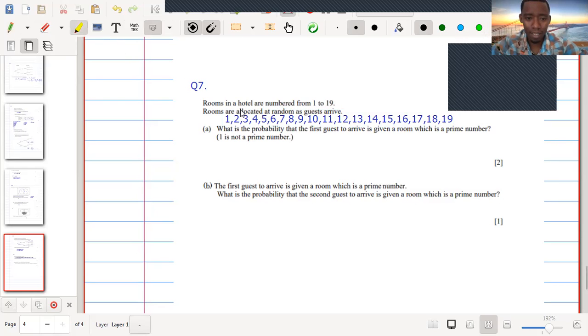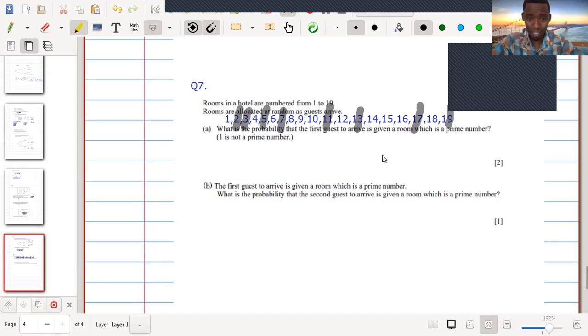So this is a prime number, a prime number, a prime number, a prime number, prime number. This is prime as well. This is the prime, and this is the prime. So how many numbers do I have? 1, 2, 3, 4, 5, 6, 7, 8. So I have 8 prime numbers in this list out of 19 numbers.